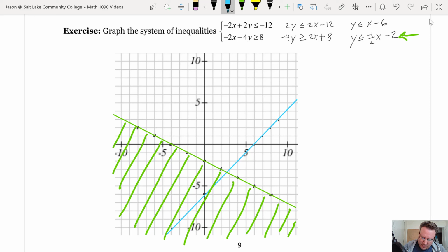Okay, now what about the blue one? This one is y is less than or equal to x minus 6. So does 0 satisfy this inequality?